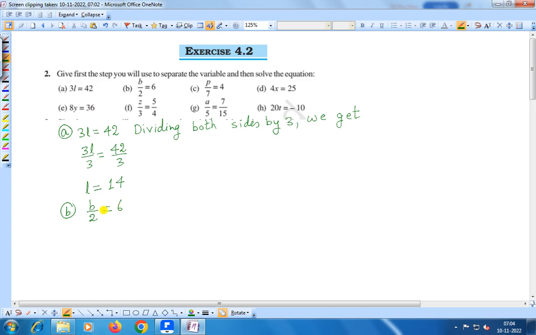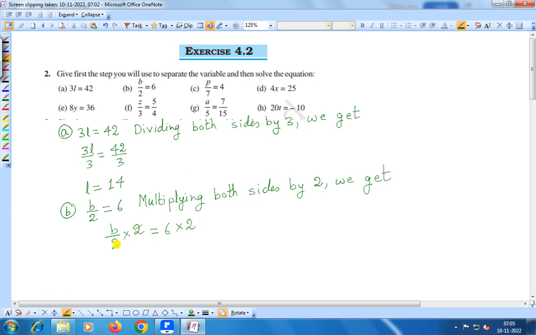Multiplying both sides by 2, we get B by 2 into 2 is equal to 6 into 2.